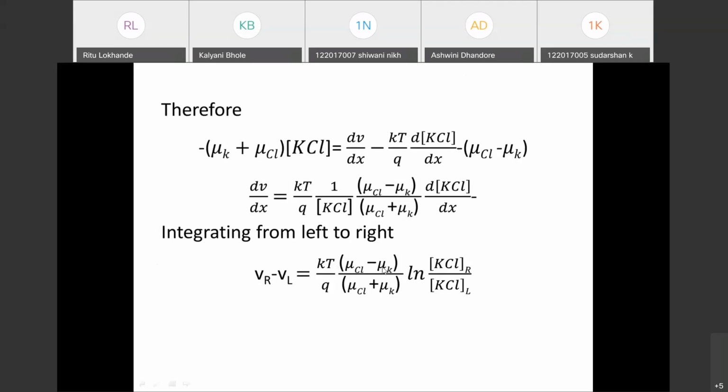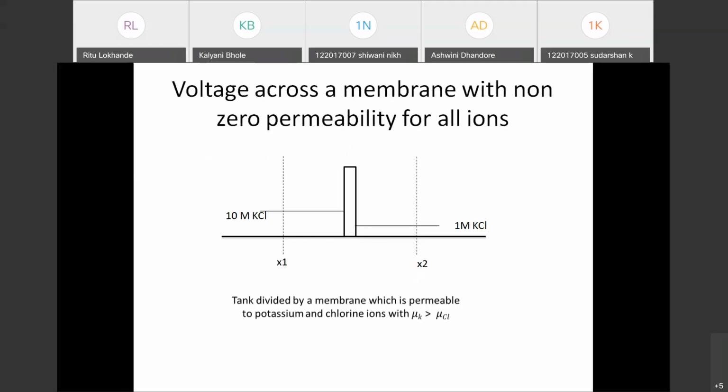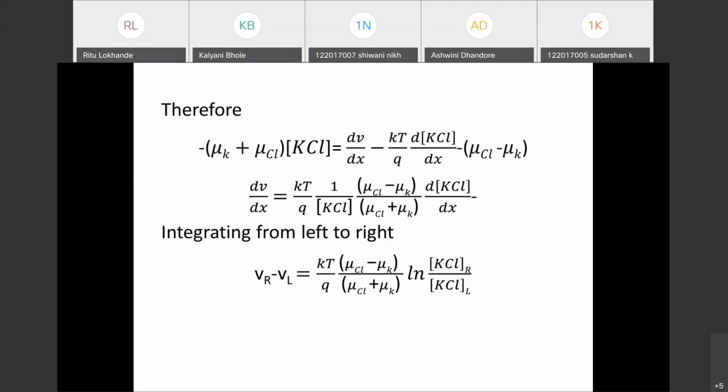Note, if mu K is equal to mu Cl, what will happen? This becomes 0, so your voltage becomes 0. That is why the very first assumption in the example itself is that mu K is greater than mu Cl.